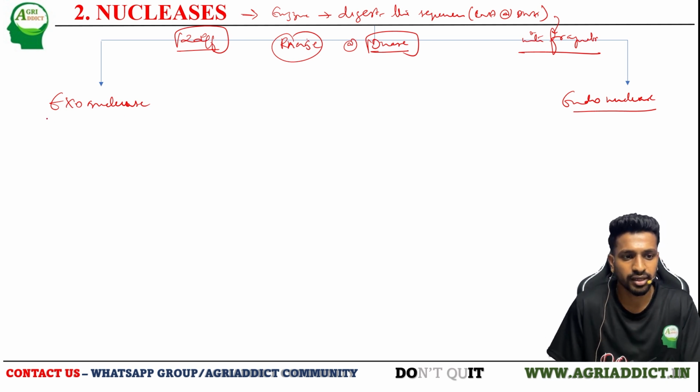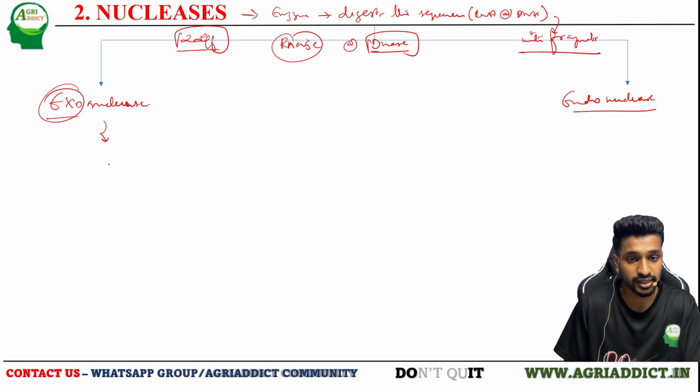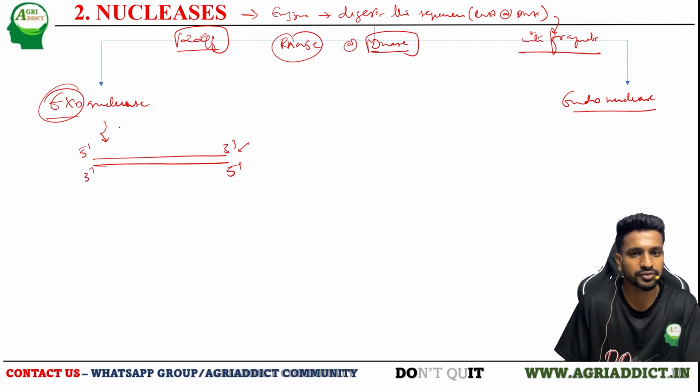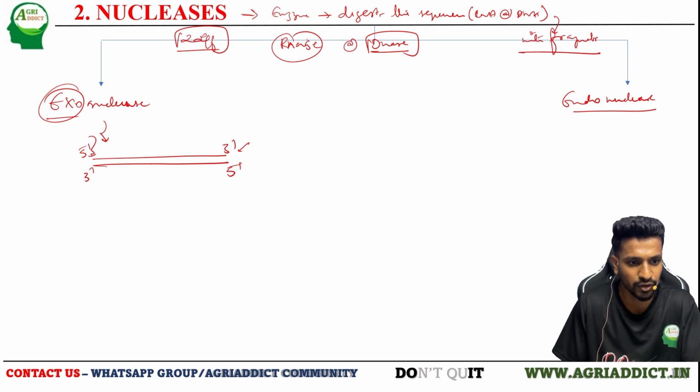These are the two important categories under nucleases, based on their location of action. For example, the exonuclease, the name itself suggests it digests the DNA sequences from the ends. For example, in double-stranded DNA it is 5' to 3', and in the opposite strand it is 3' to 5'. The exonucleases will just degrade the nucleotides from the end one by one.